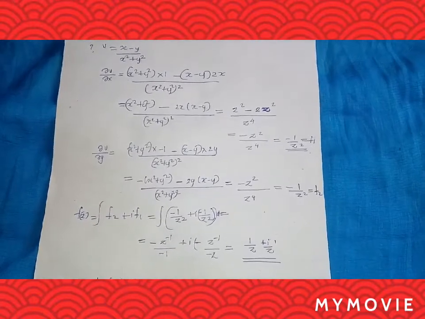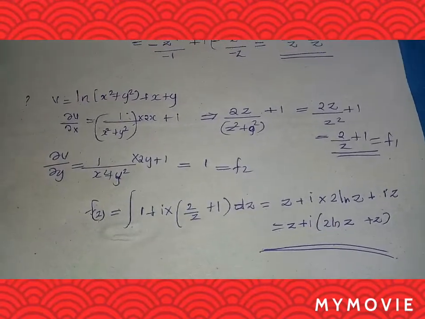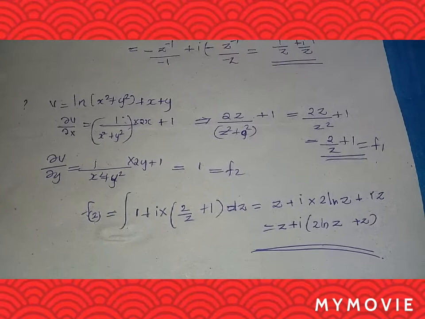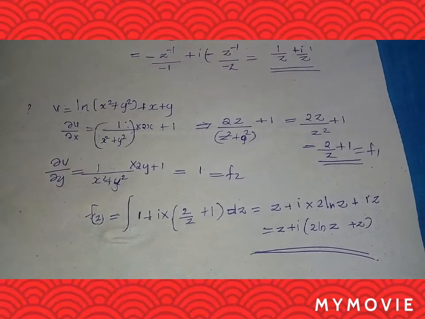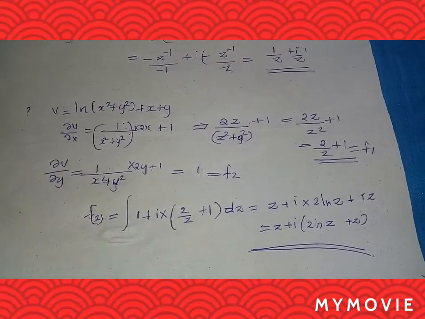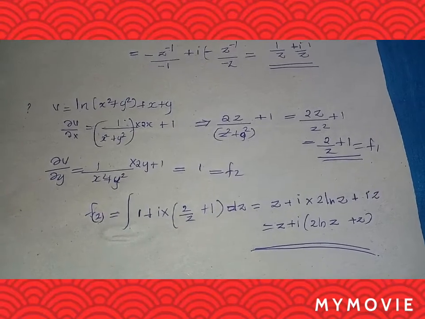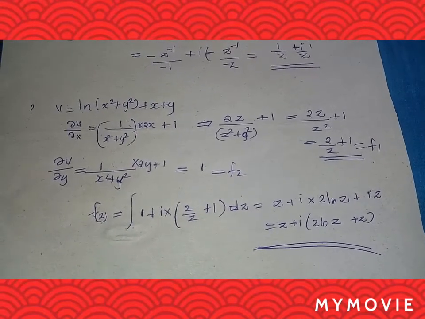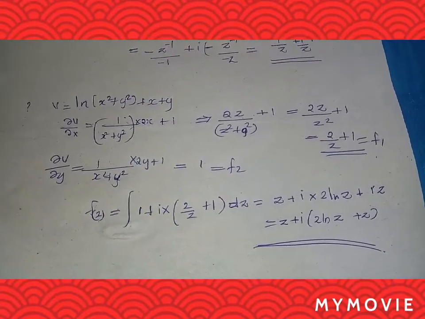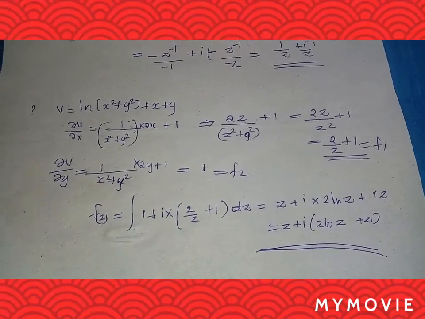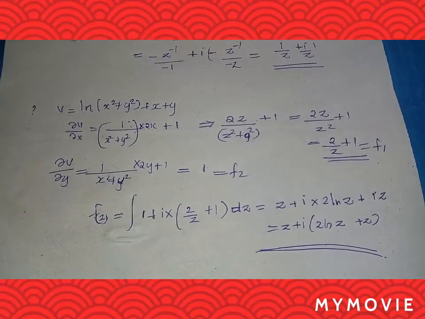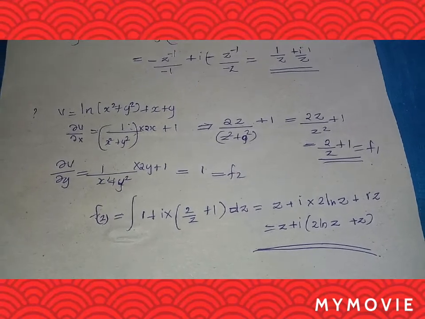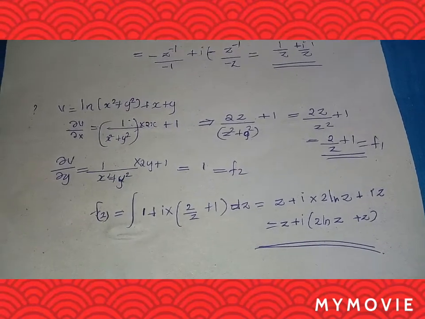Okay. Next problem, that is v is equal to log(x² plus y²) plus x plus y. Here ∂v/∂x, we know that the derivative of log is 1 by the argument, that is 1 by (x² plus y²) into 2x plus 1. Put x equal to z and y equal to 0. We get the function as 2 by z plus 1, that is f1. ∂v/∂y, here also 1 by (x² plus y²) into 2y plus 1.